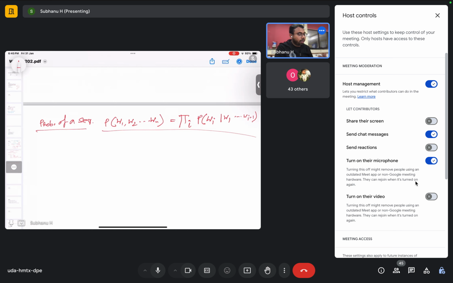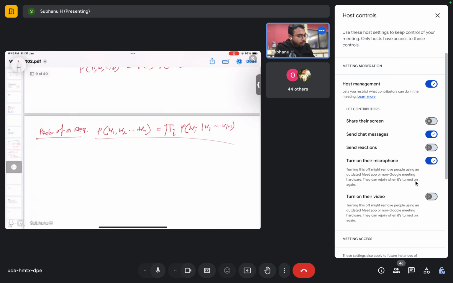What is the problem if we use this conditional probability? The problem is that enough data is not available to get an accurate estimate of the above quantities. I can give an example: the probability of begun, we have to predict.